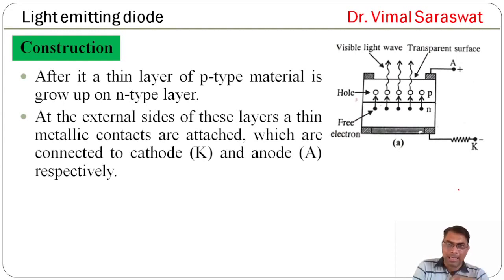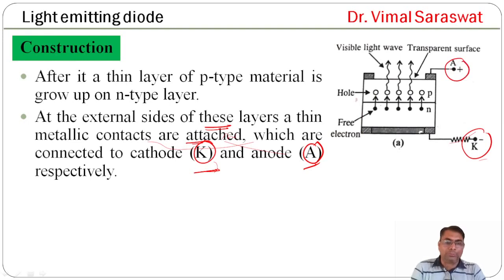At the external sides of these layers, thin metallic contacts are attached which are connected to cathode and anode respectively. Cathode is indicated here by K and anode is indicated by A. So this is our cathode and this is our anode.